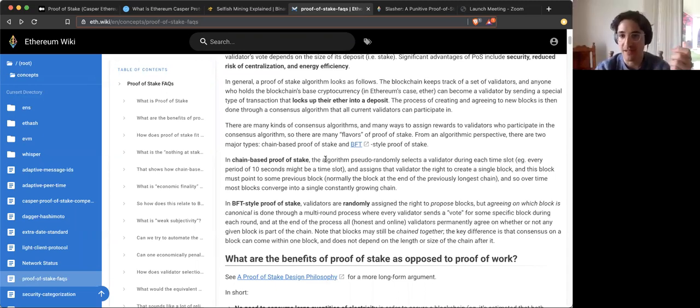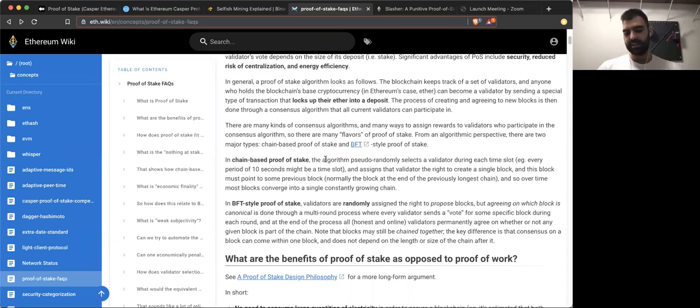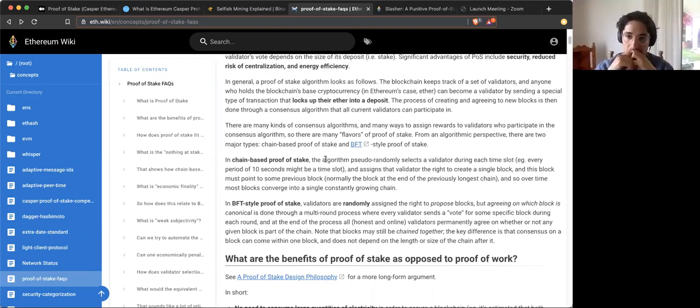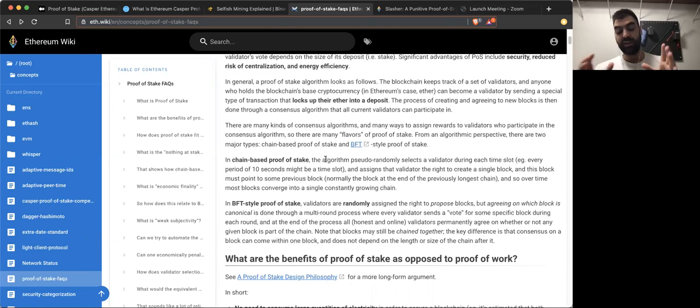Anybody can know who the next validator is going to be, or the next set of validators, given the current block, yes? Yes, but I don't think this is an issue because your ether is locked, basically. Okay. So there's a fixed pool of validators possible. Yeah. You look at the hash, and it tells you which subset of those validators can validate the next block.